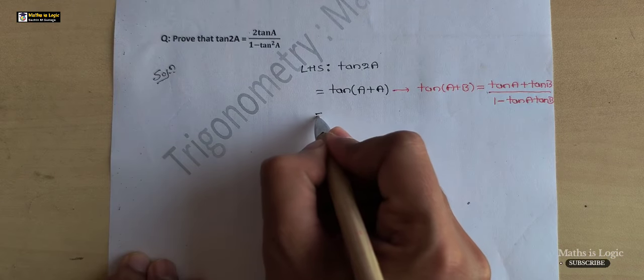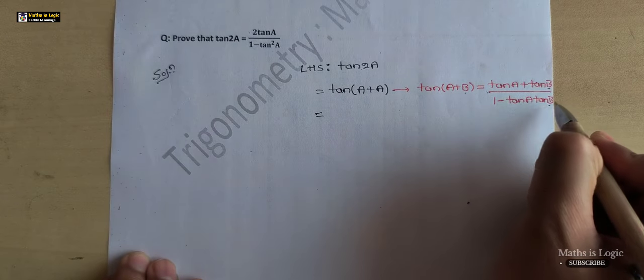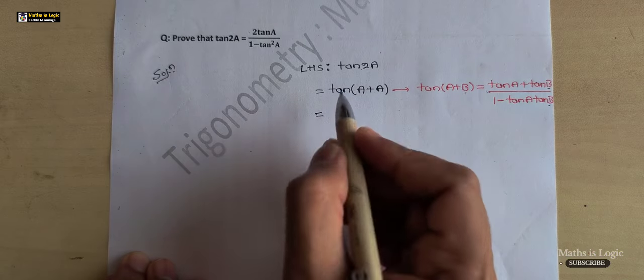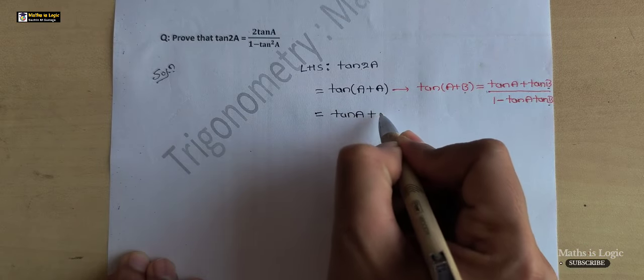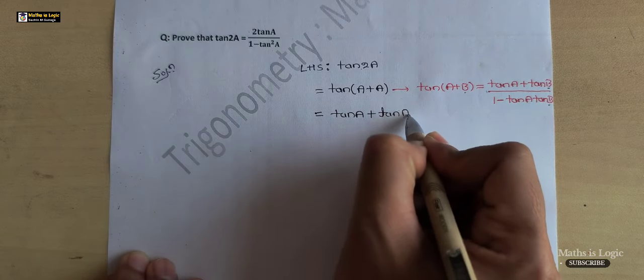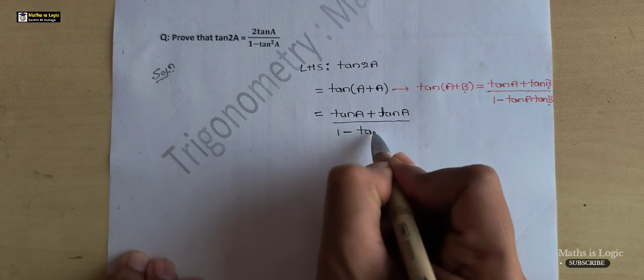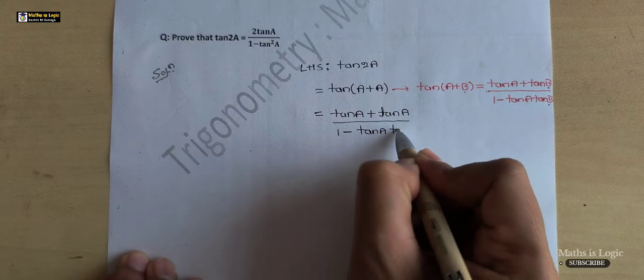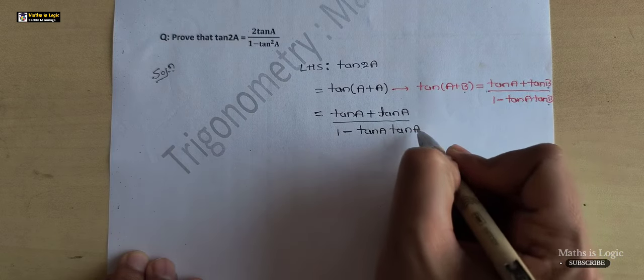Remember, wherever b comes in the right hand side, here as well as here, replace by a. So this becomes tan a plus tan a divided by 1 minus tan a into tan a. Correct? Wherever b comes, replace by a.